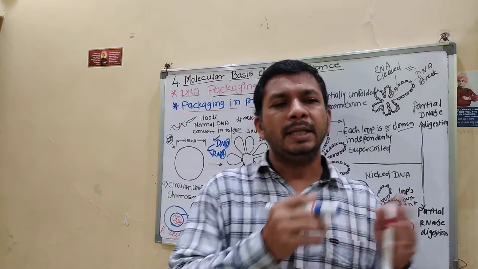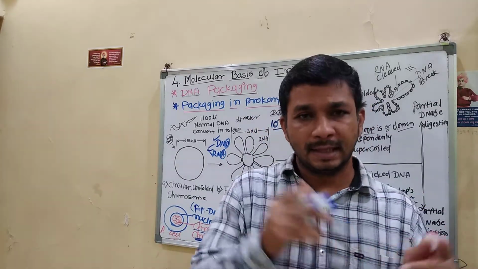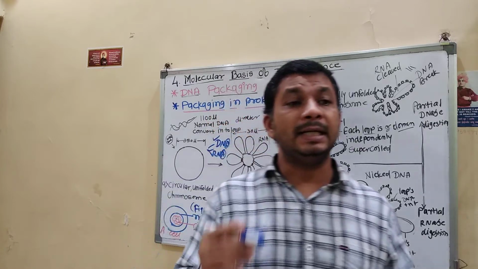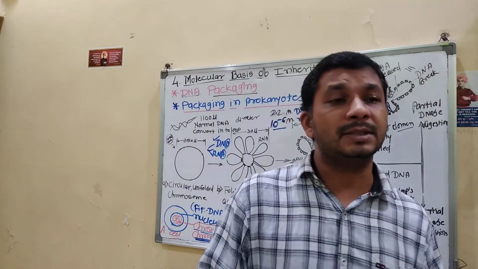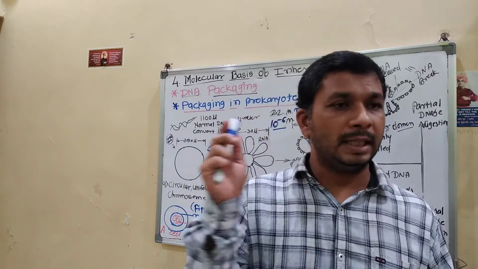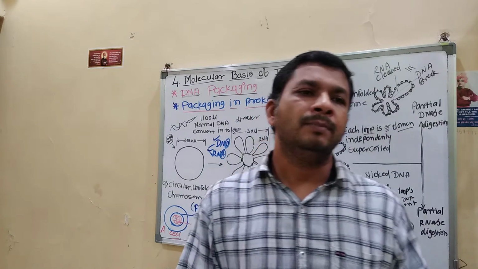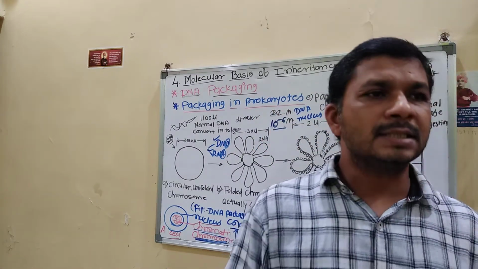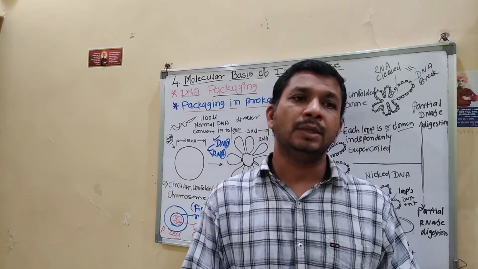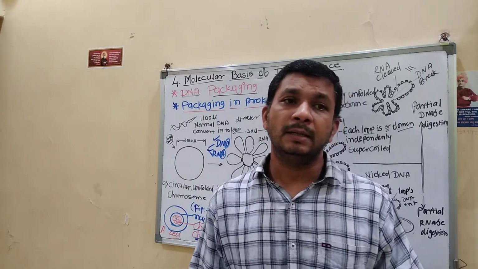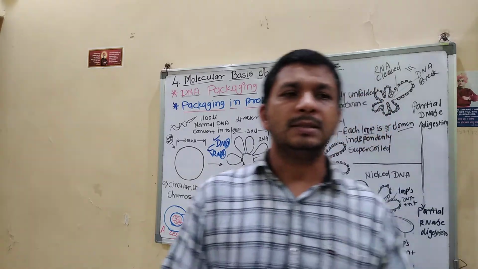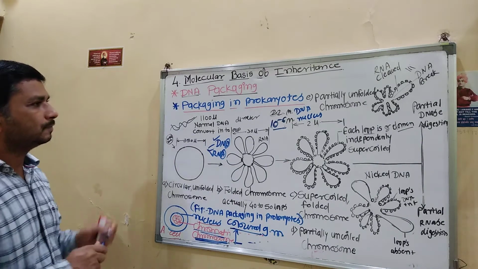Okay? And eukaryotic DNA is straight. It is also present in double helical structure, and in bacteria, in prokaryotes, the nucleus is absent, the nucleolus is also absent, and they are observed in bacteria.